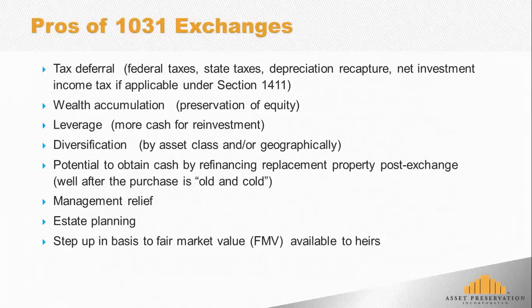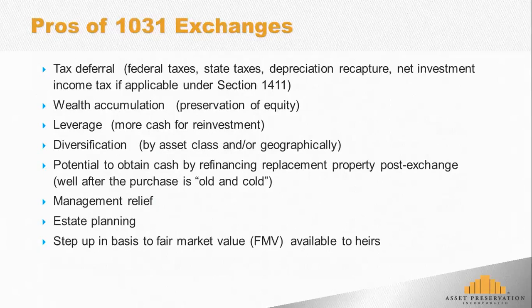Another form of diversification is geographic diversification. In general, 1031 exchanges apply to property within the United States. And some investors that own a number of properties in one area might want to take advantage of a Section 1031 exchange, sell one asset, and acquire replacement properties in different areas.